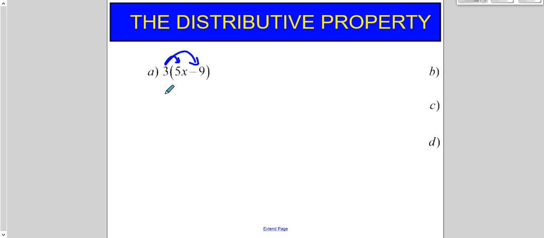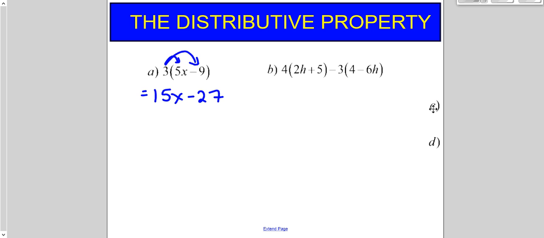In this case, 3 gets multiplied to 5x, which is going to give me 15x. And 3 gets multiplied to -9, which is going to give me a -27. And you're done. Once you've multiplied it into the whole bracket, you've finished your distributive property. Really what it means is you're eliminating the brackets, okay? So distributive property, in other words, means just get rid of your brackets.